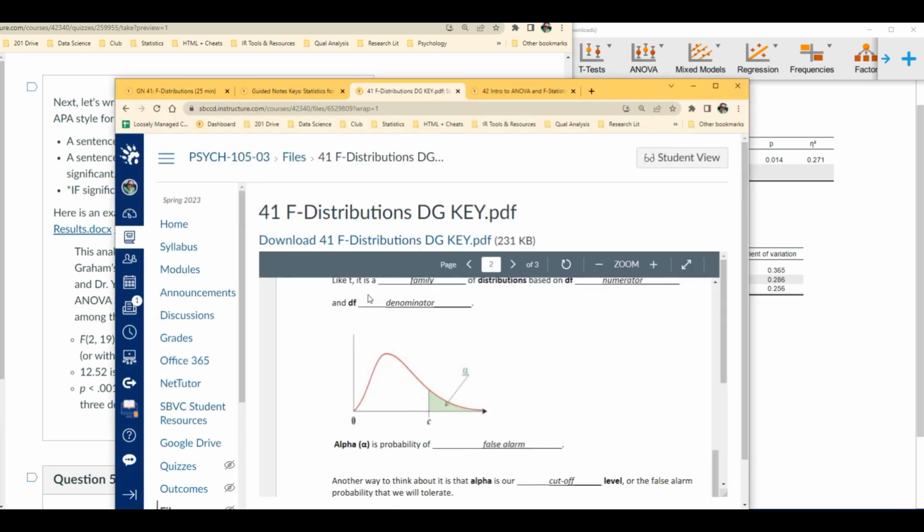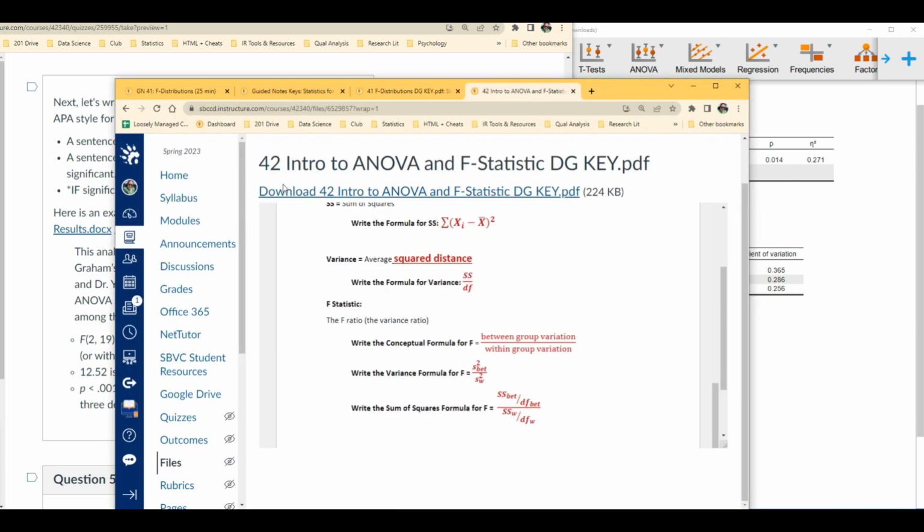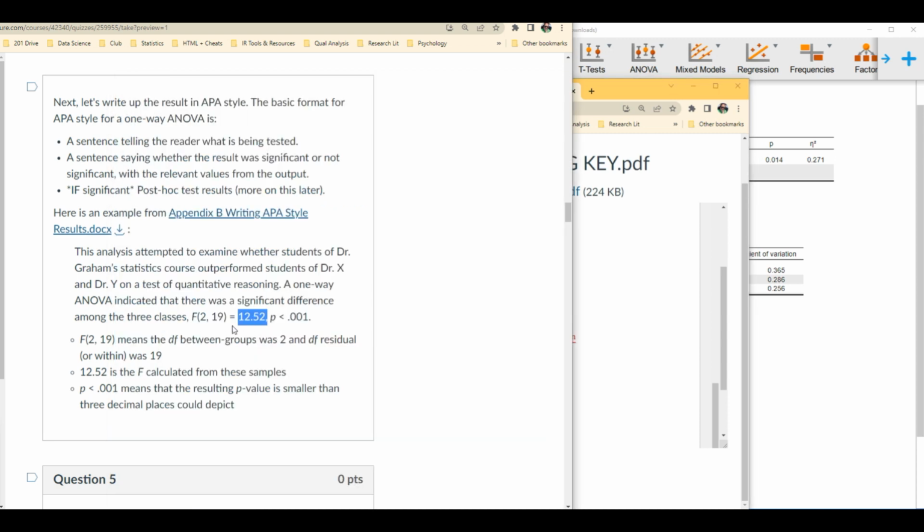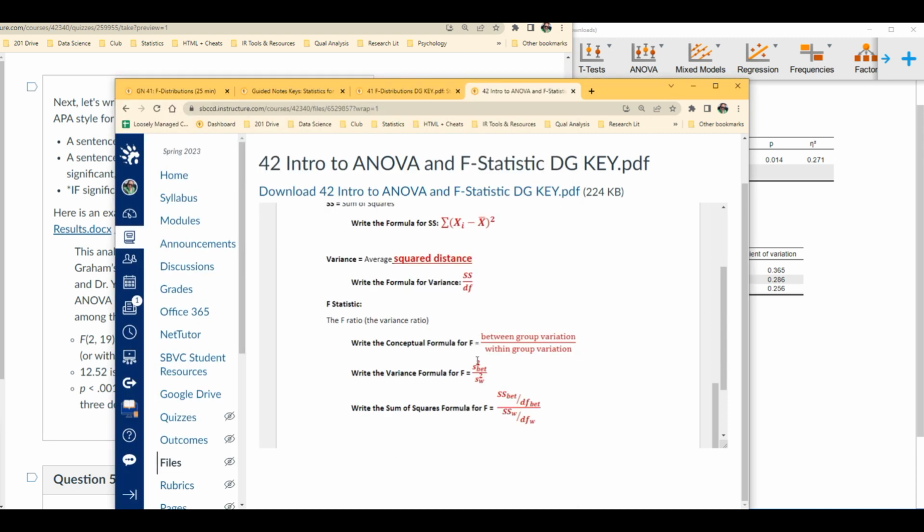And to refresh, if we go back to our guided notes on the F statistic, remember that conceptually, when we're calculating this F value, we're comparing the between groups variation, so that variation we see across our different groups, over the variation we see within our groups. So we're really wanting to look across.